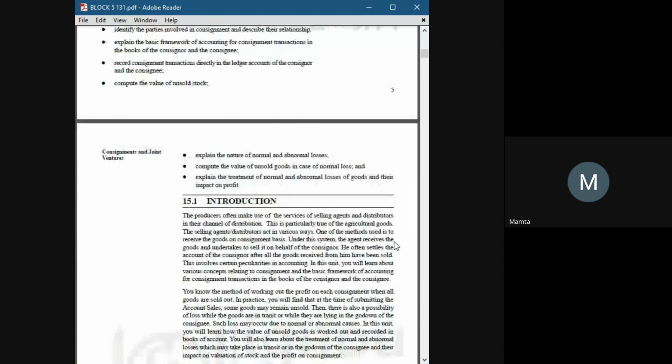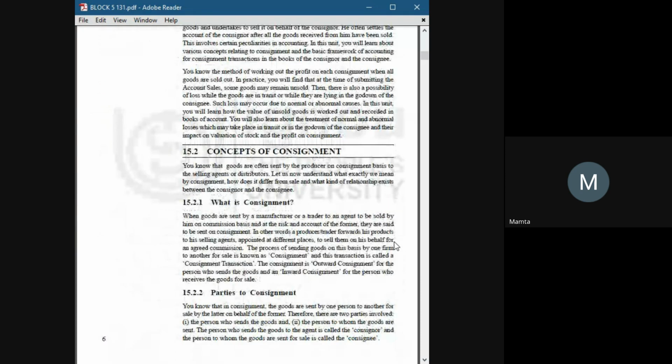All right, I am taking the initiative here. Consignment means, now think like this. Suppose you are the manufacturer or trader of a product, and you want to sell your goods.